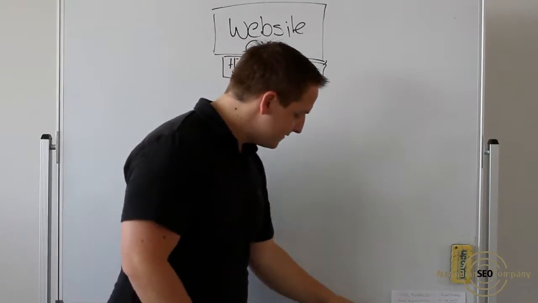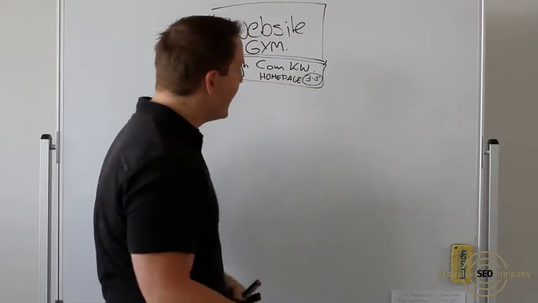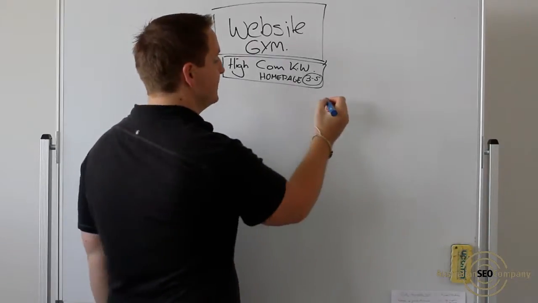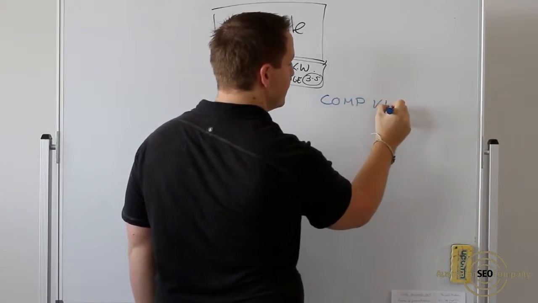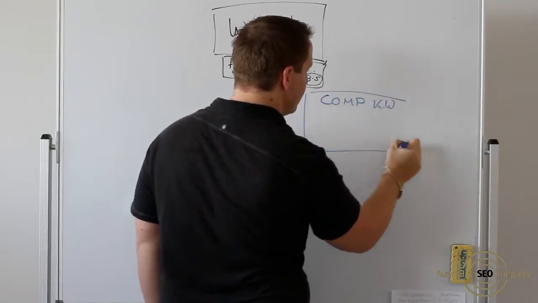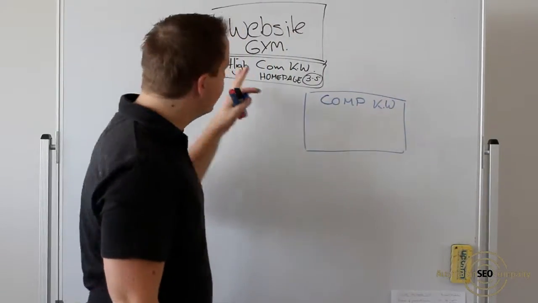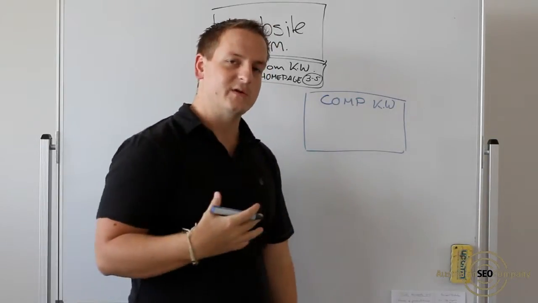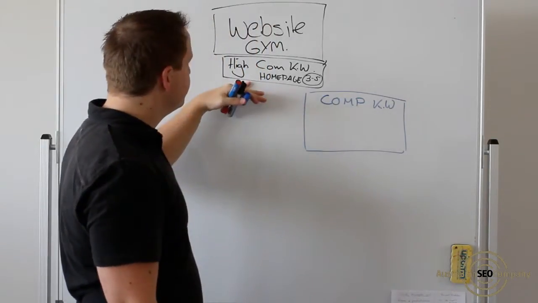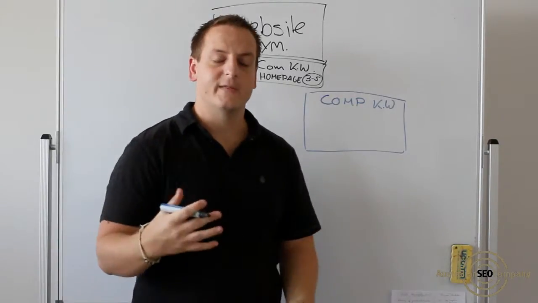Okay, now the next lot of keywords are what I call the competitive keywords. When you look at this as your overall keywords, these competitive keywords are more your category keywords. So with the gym, obviously there are different reasons why people go to the gym.